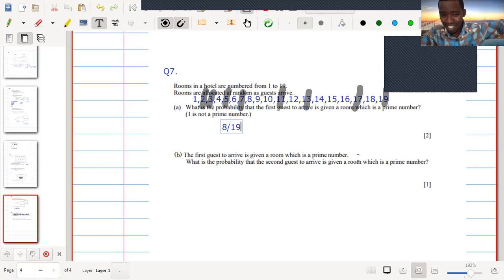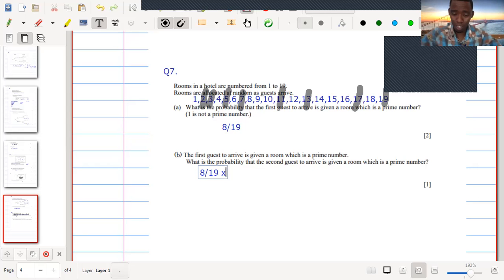Then the second guest, what should be the probability for the second guest to get a prime number? Because this is dependent, it will be 8 over 19 times 7, because we still have 7.